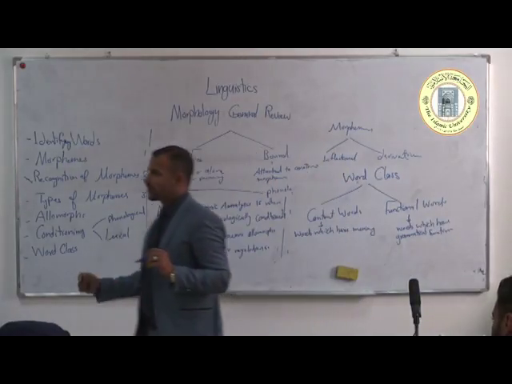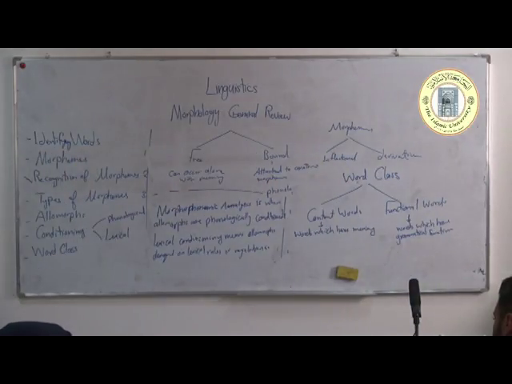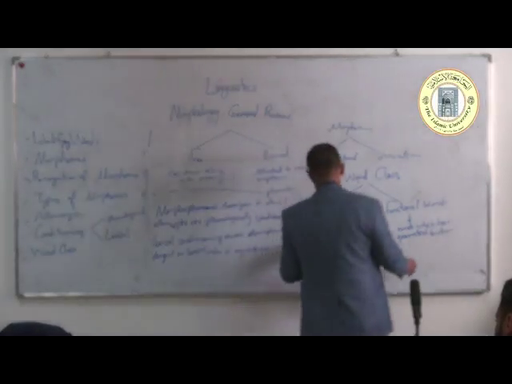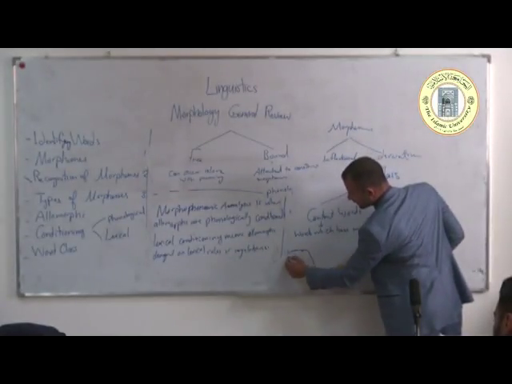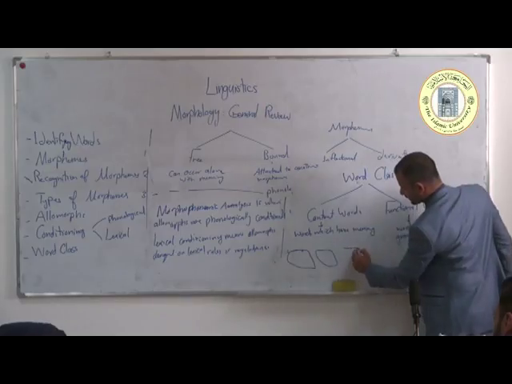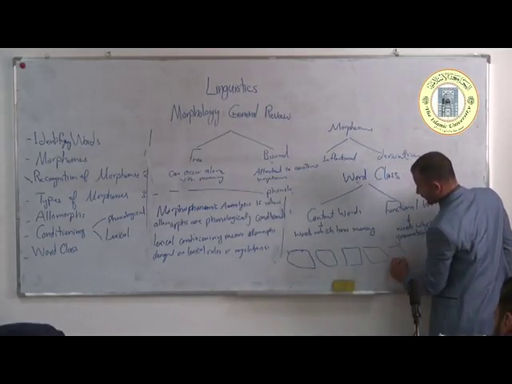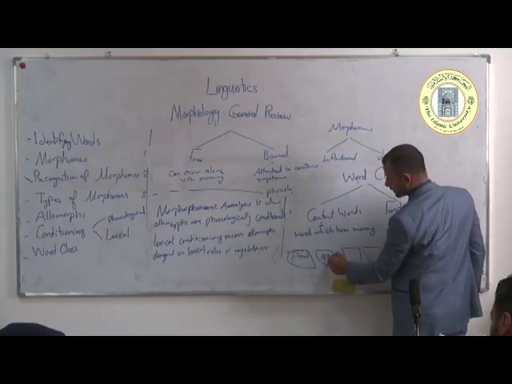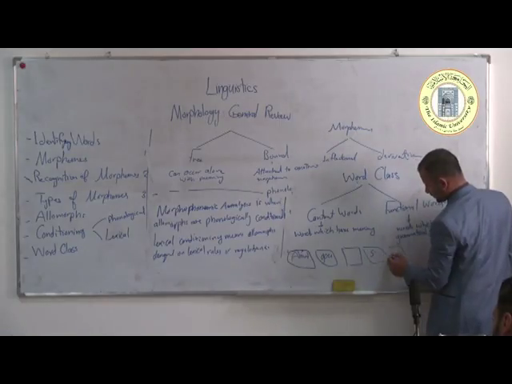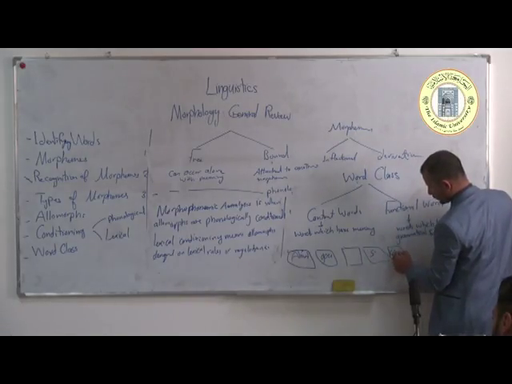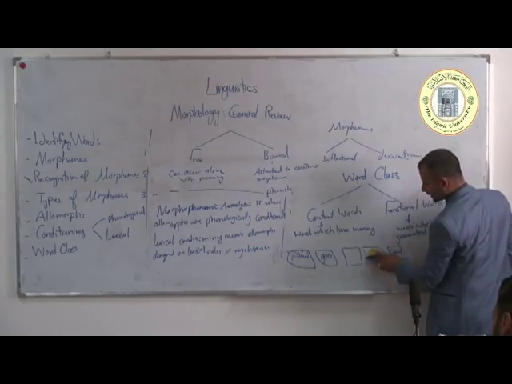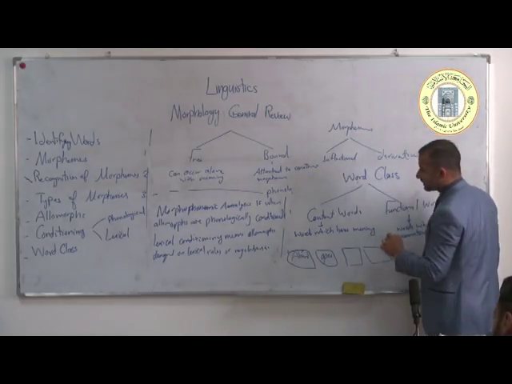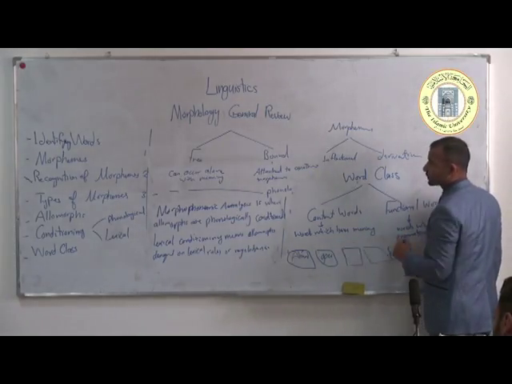If you remember, when we talked about functional words, we said that they glue the content words together. Here we have this example: Ahmed goes school. We can understand this, although it is ambiguous, which means Ahmed goes to the school.